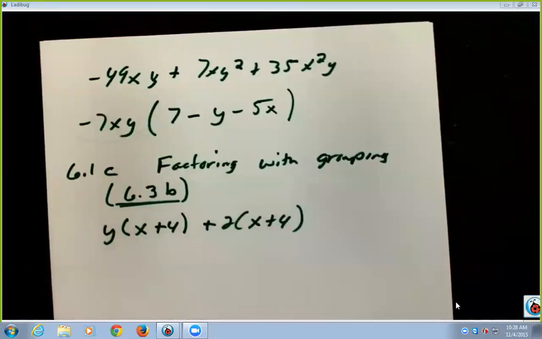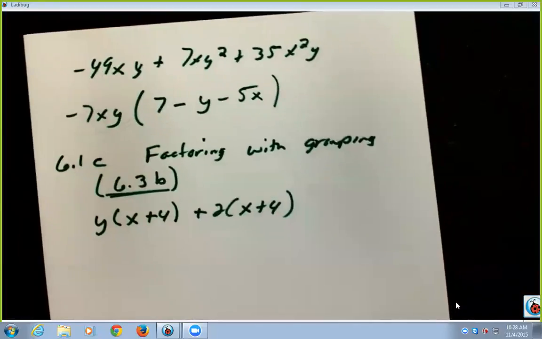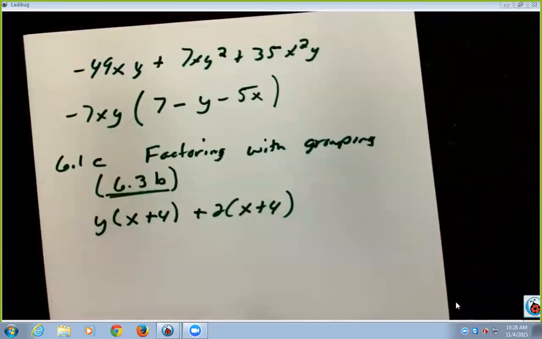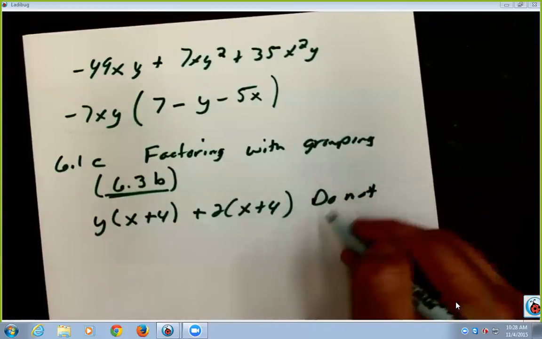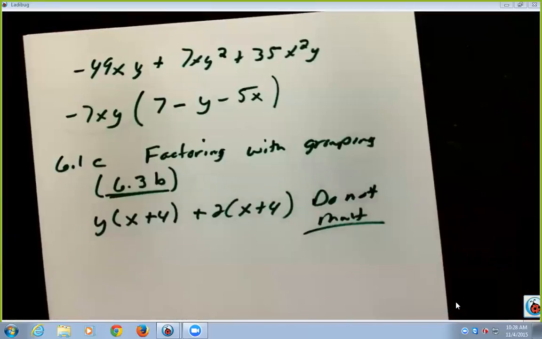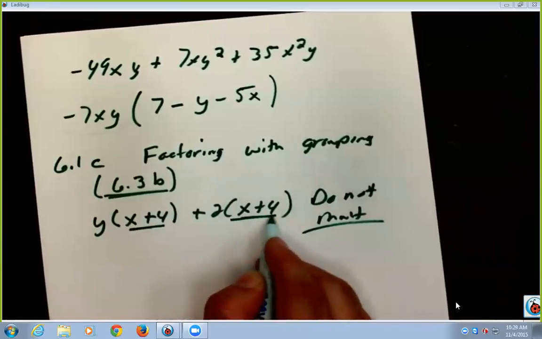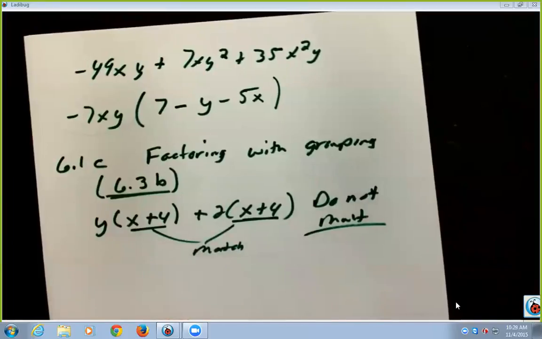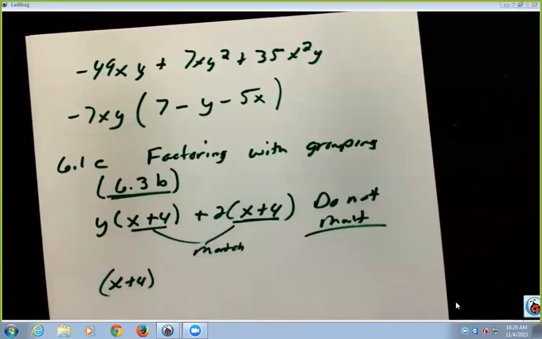So when we look at this equation, what do we see? Well, we see y times this piece and we see 2 times that piece, but don't multiply them. Leave them as they are, okay? Because what's our common factor? The common piece that's shared between these is what? X plus 4. This piece and this piece match each other. So if there's a match here, that means I can pull out an x plus 4.